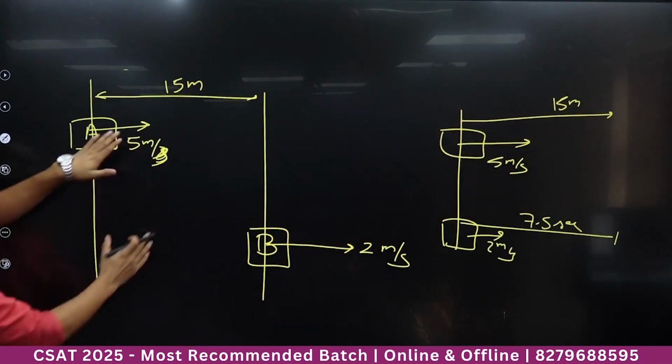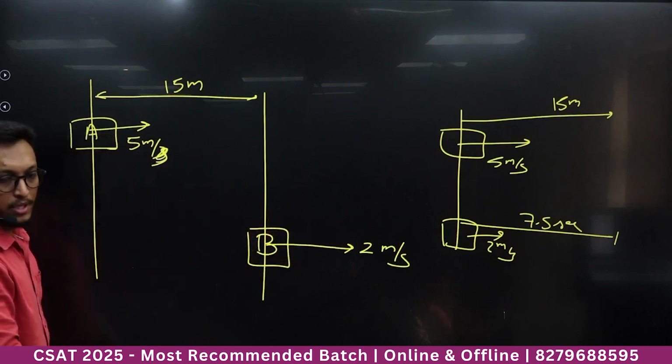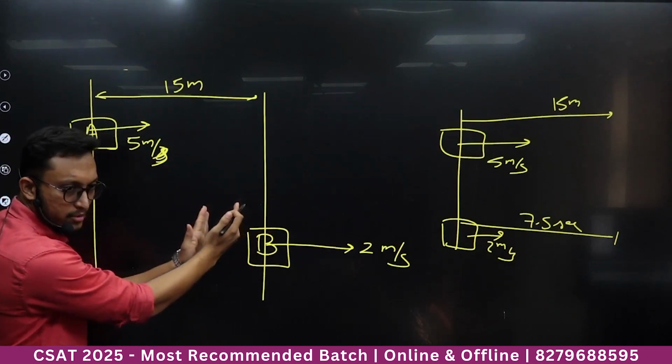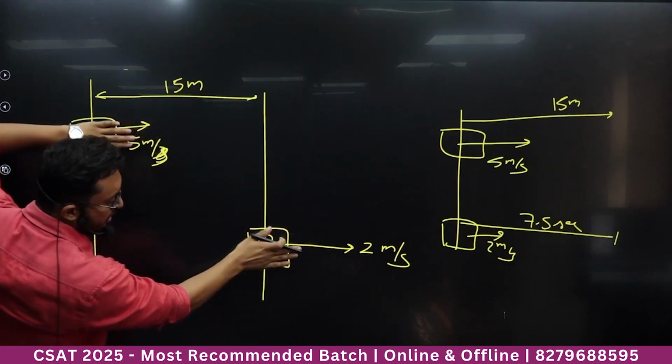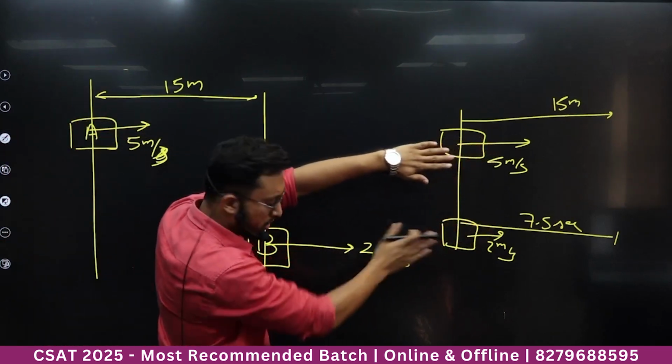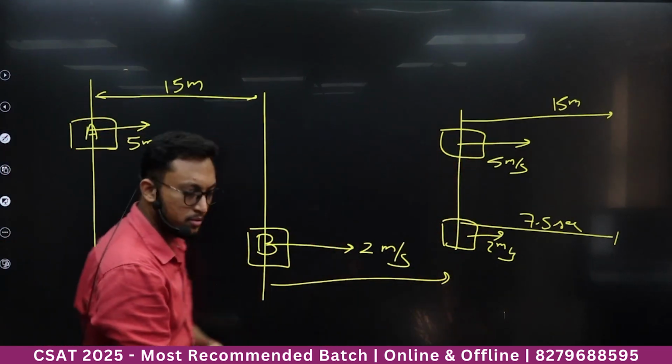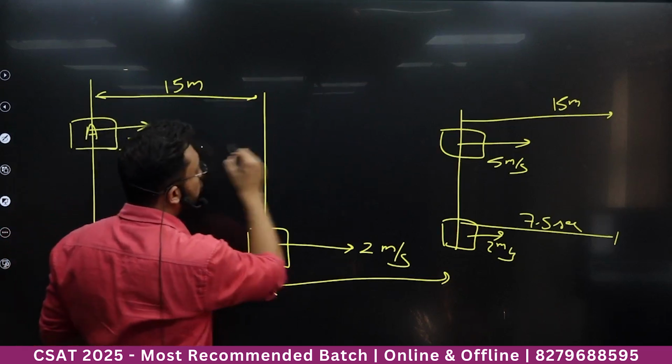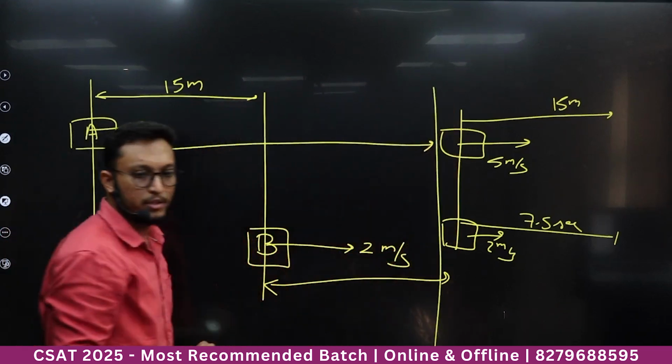So can I say, instead of taking their speeds, they both are traveling ना. ऐसे होगा कि कहीं जाकर they will meet. This will move, ये भी कुछ distance move करेगा. This car will also move certain distance, but they will meet on this line.